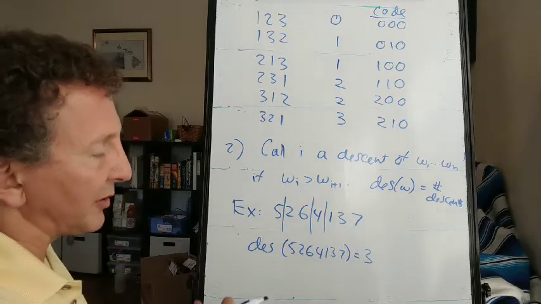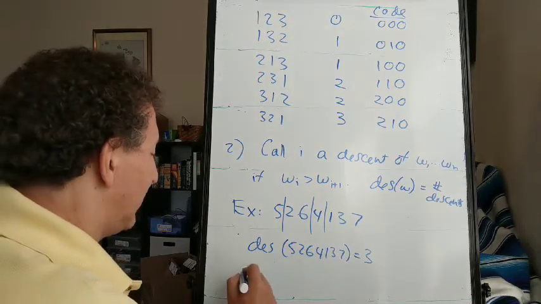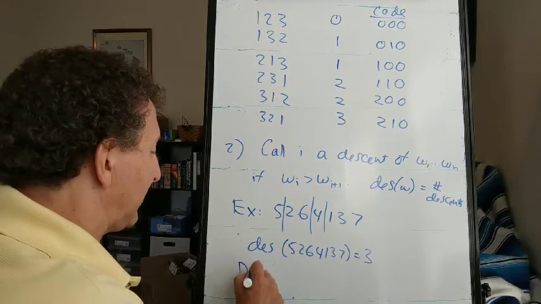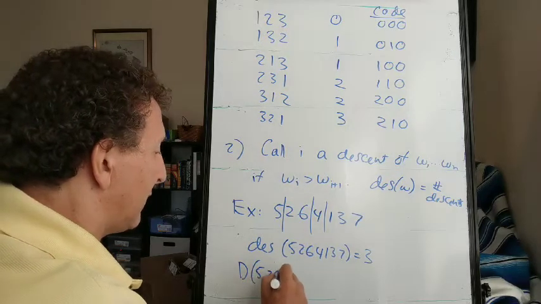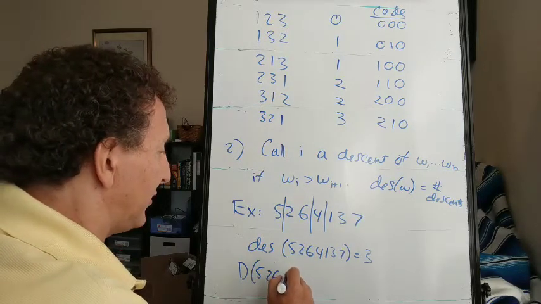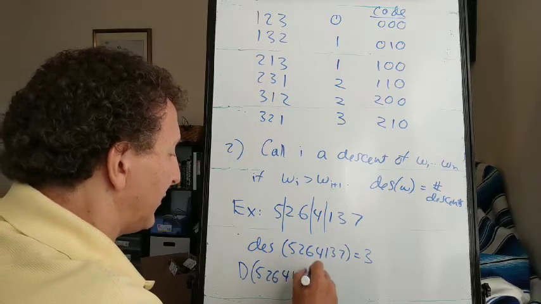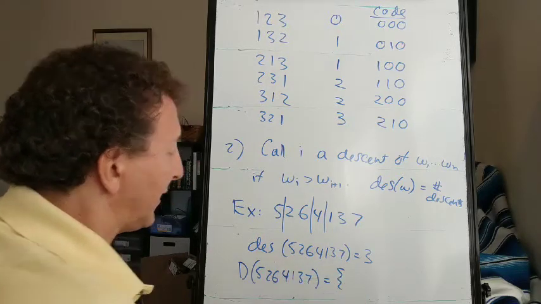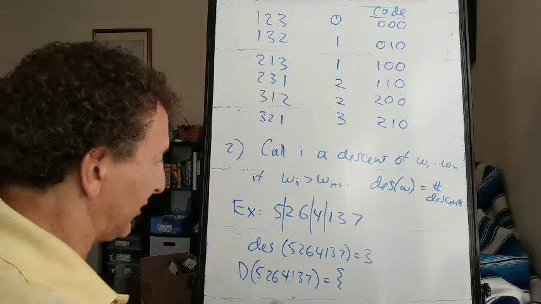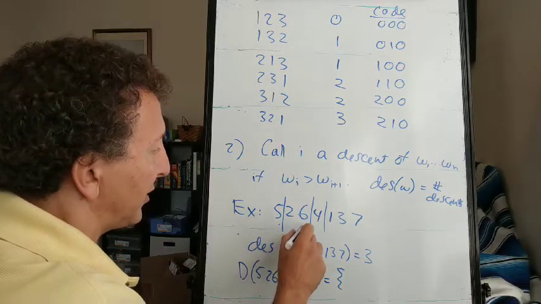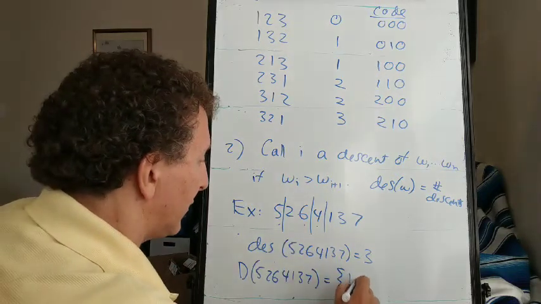And sometimes it's interesting to remember exactly where the descents are. So we might use capital D of 5, 2, 6, 4, 1, 3, 7 to be the actual positions where there are descents. So that's position 1, position 3, and position 4.